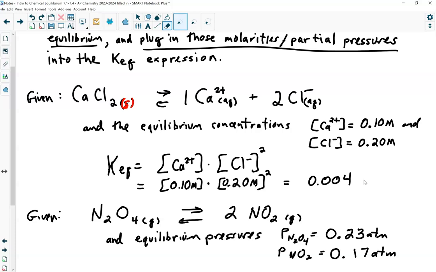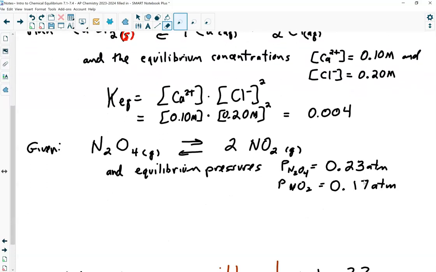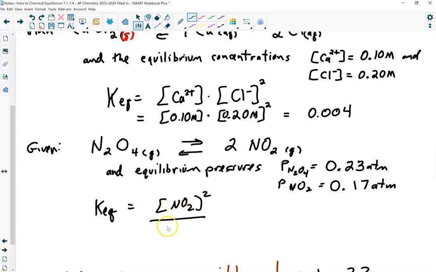Okay, well, let's look over one more example. So what if I had partial pressures? Okay, well, this would be a K_p, but you could just say K_eq. It is the concentration of NO2 squared over the concentration of N2, or not concentration, doggone it, pressure.